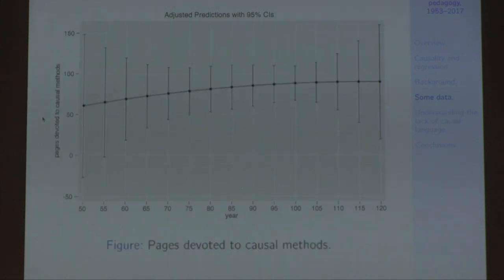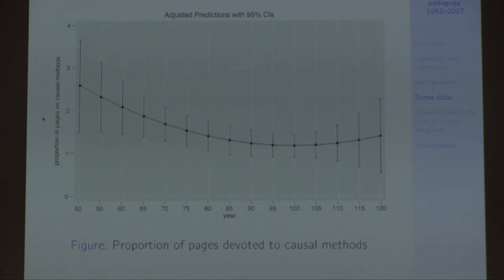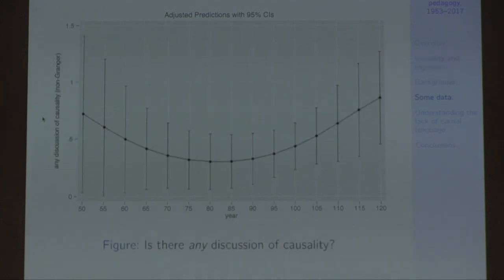The absolute number of pages devoted to one of these so-called causal methods goes up over time, but since textbooks are getting much longer over time, the proportion of pages devoted to these causal methods is actually falling through to about the 1980s, and maybe you believe it's going up a little bit after that, but again, this is just predictions off a quadratic, so use your discretion in interpreting this.